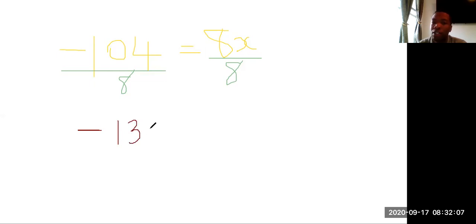So then I do equal, and this is just x, because 8 cancels out 8. So x is equal to negative 13. That was number 3 on the first worksheet.